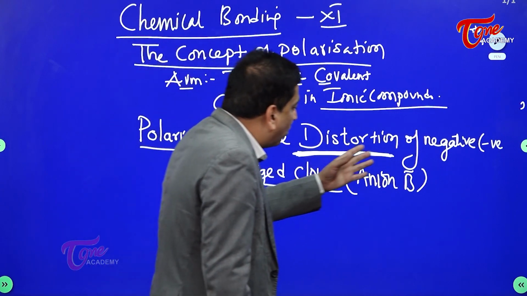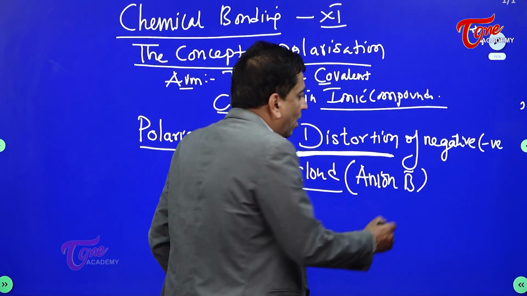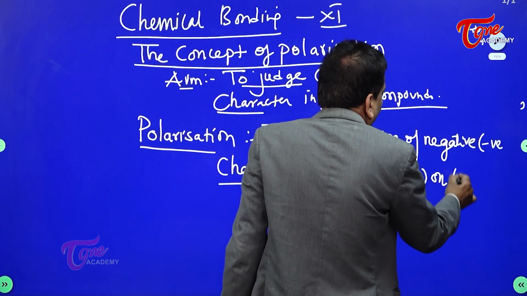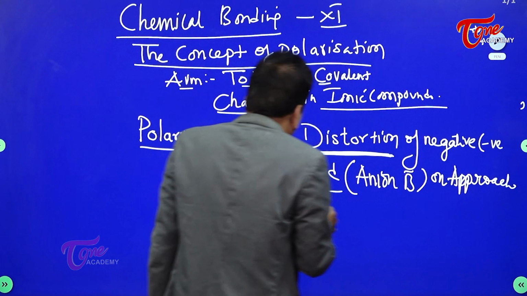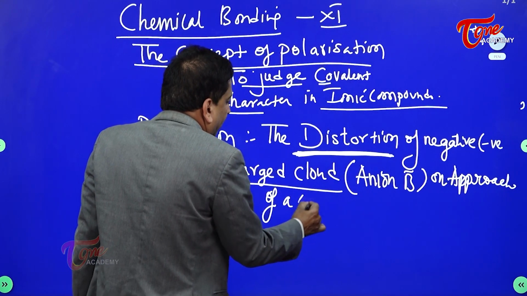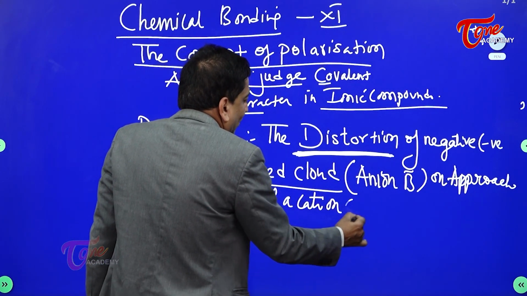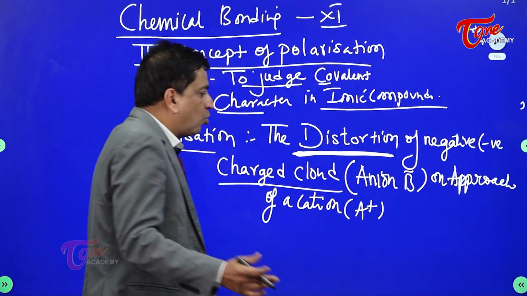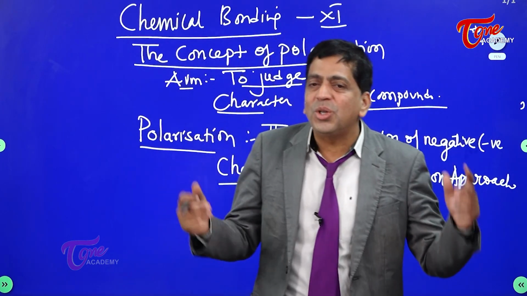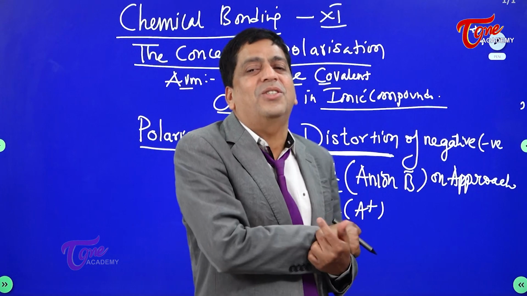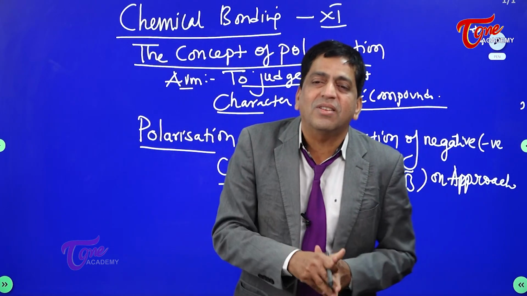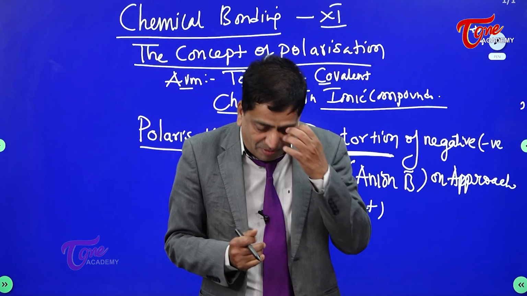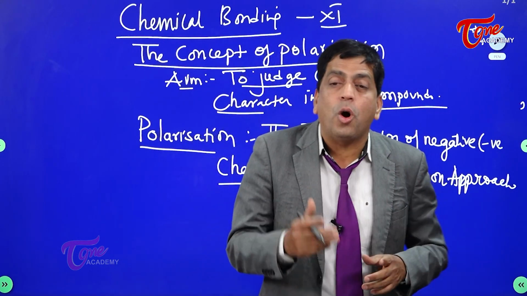So I continue writing, what is polarization? The distortion of the negative charge cloud on approach of a cation, that is A plus. So when a positive charge is approaching a negative charge cloud, it's getting distracted, distorted, feeling shy. Now, people should understand, you must have common sense.